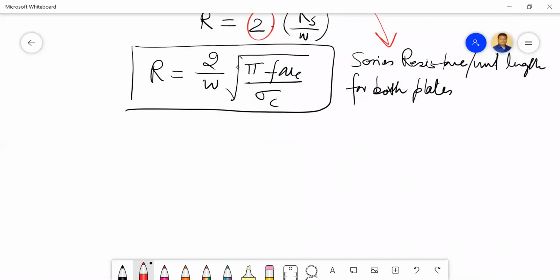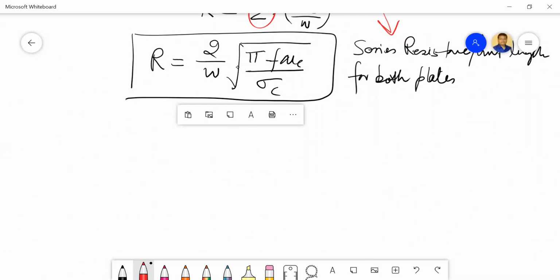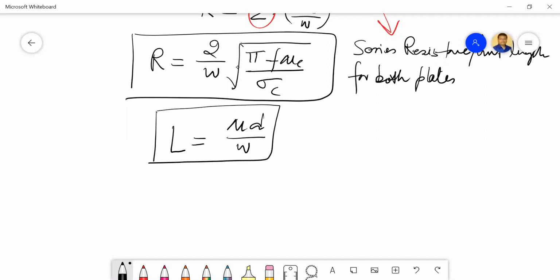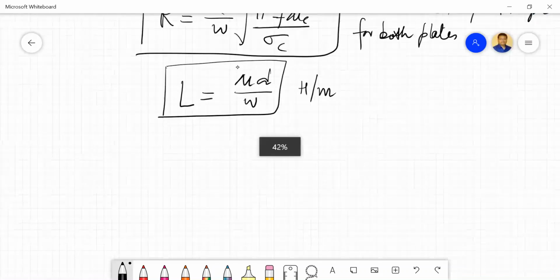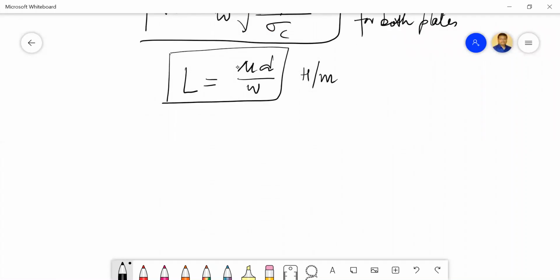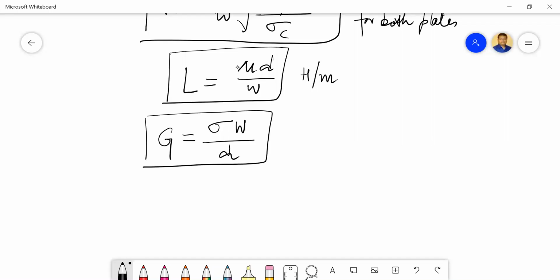Now, if I summarize these things, what can I write? We already have the relation for L, which is mu d over W, Henry per meter. Another, we have the relation for G as sigma W over D, Siemens per meter.